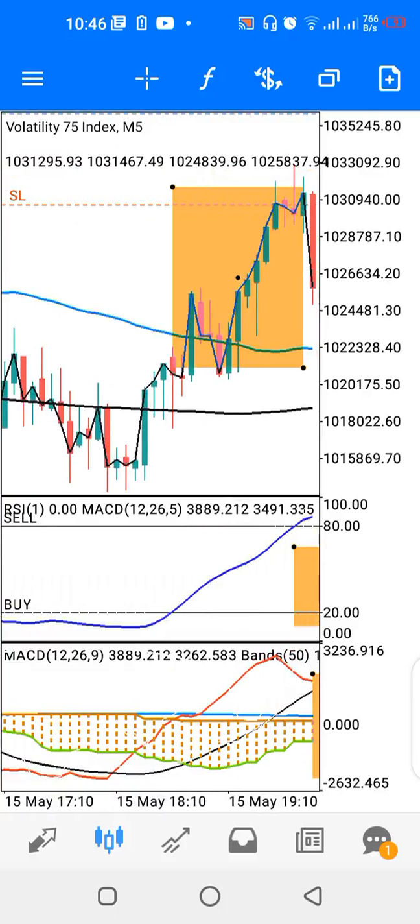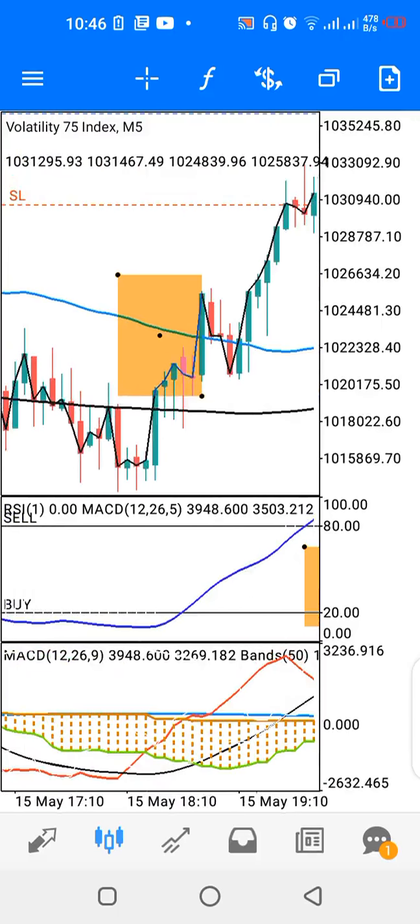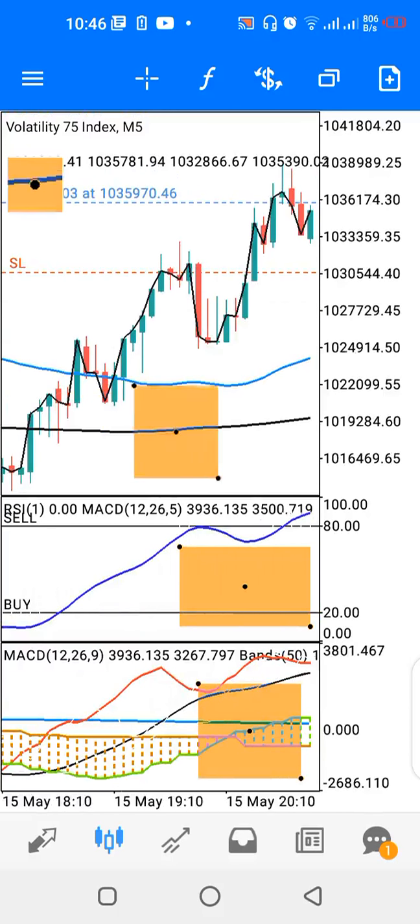Now the way the strategy works is when this blue moving average, this blue line, is above the black line, the trend is bullish.